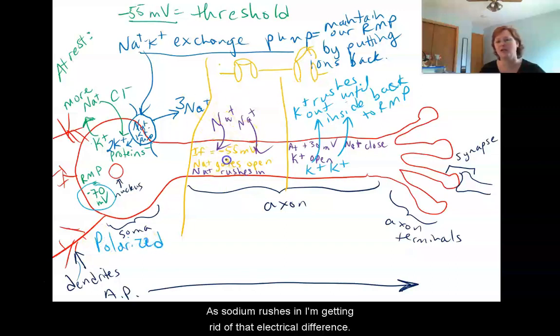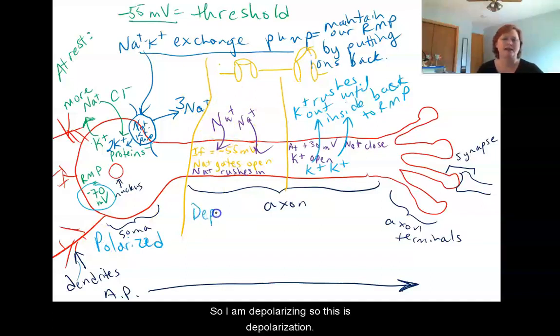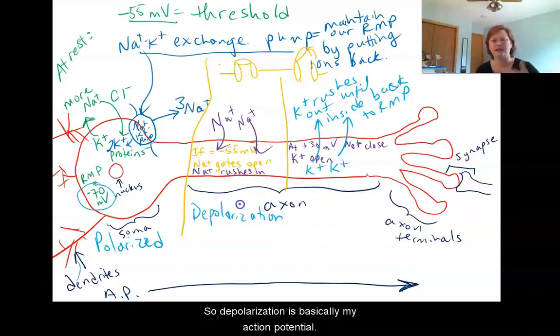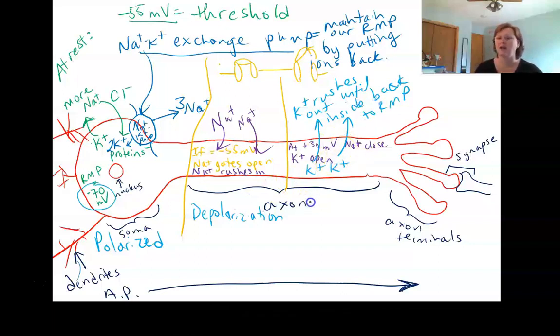As sodium rushes in, I'm getting rid of that electrical difference. So I am depolarizing. So this is depolarization. So depolarization is basically my action potential. And then when I'm resetting that, I'm getting my difference back. So then this is repolarization.